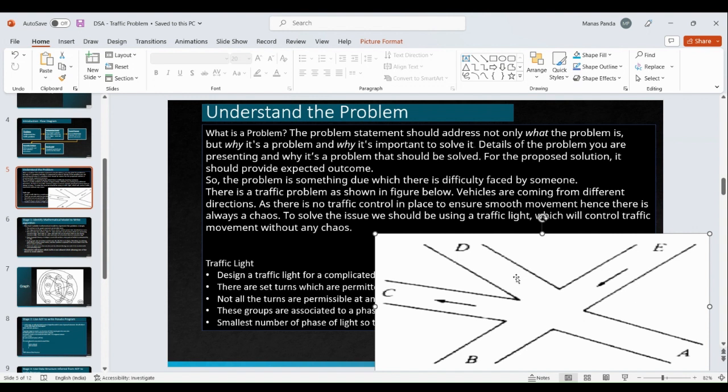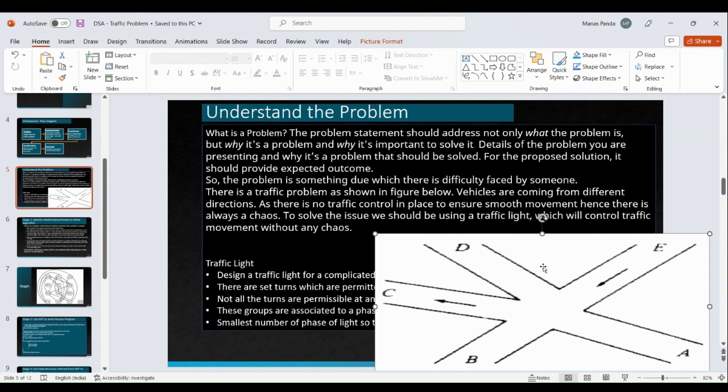This is what the problem is all about. We wanted to understand that the problem is there, and the problem is creating an issue of chaos, and once the solution is in place, the movement of vehicles will be smoother in this intersection. The important part of any problem statement is that we need to understand what the problem is, why there is a problem, why it is happening.